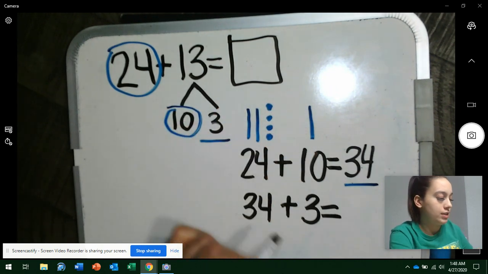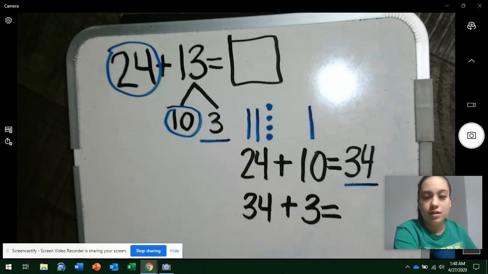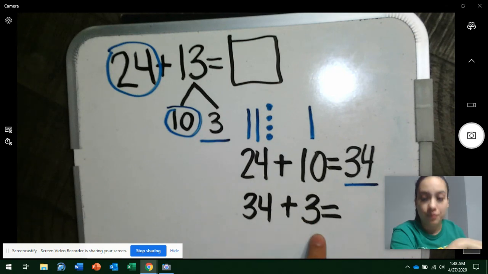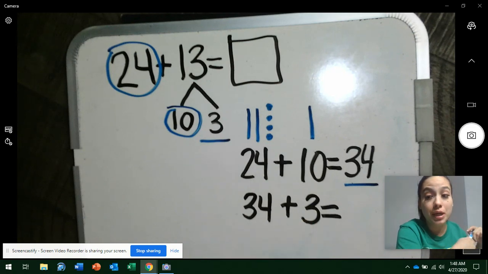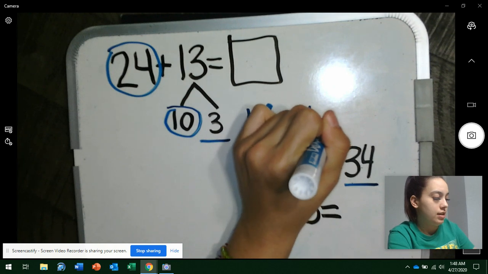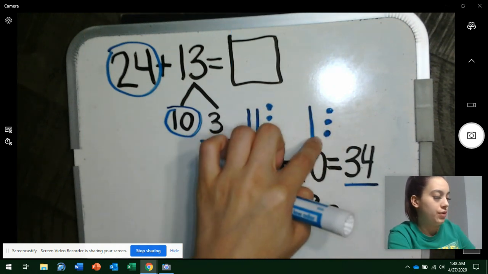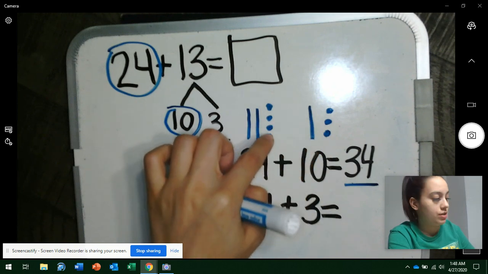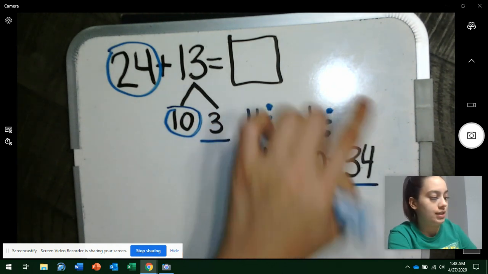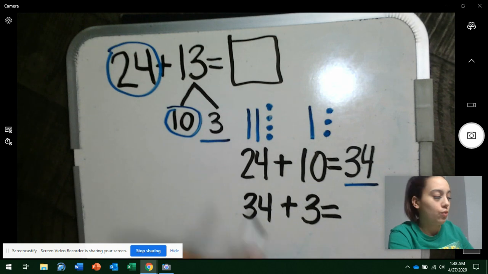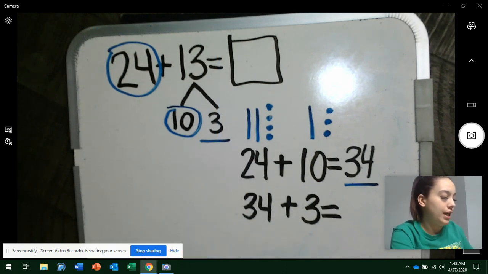And how many ones are we going to add? Get ready. 3, right? And we're adding 3 ones because they're not tens. So 1, 2, 3. Now we have 1, 2, 3 tens and 1, 2, 3, 4, 5, 6, 7 ones. So 34 plus 3 is, get ready.